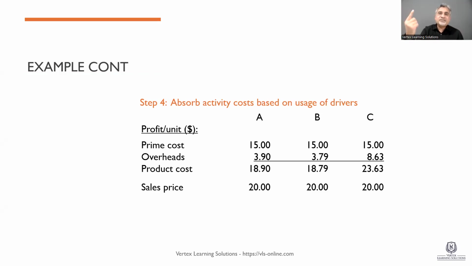And this is, send me 1 strawberry juice. Selling price is the same. As a result, A is in profit, B is in profit, and C is making a loss. Now you exactly know where the loss is and what is the reason for the loss. The reason for the loss in this case is small order size. If you don't have activity-based costing, what will happen?